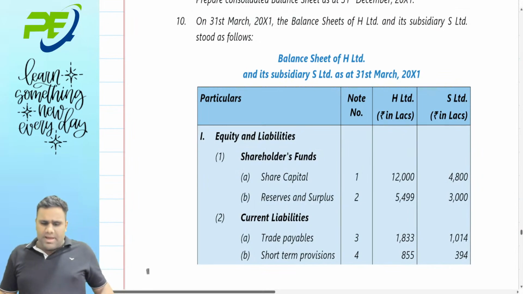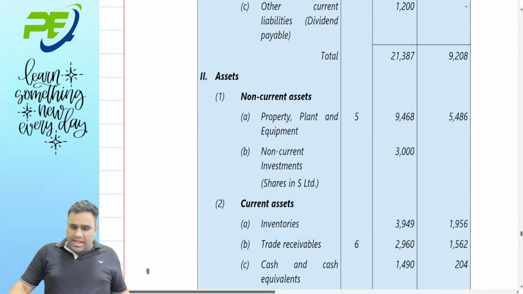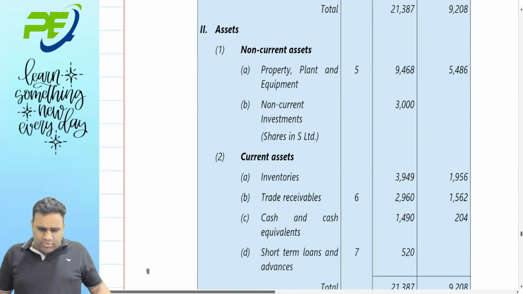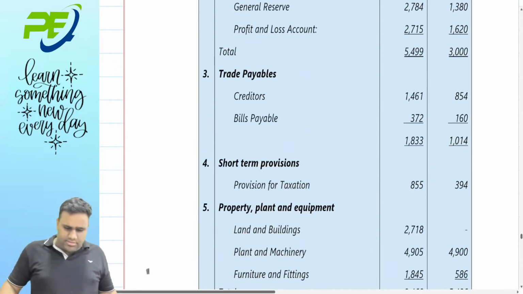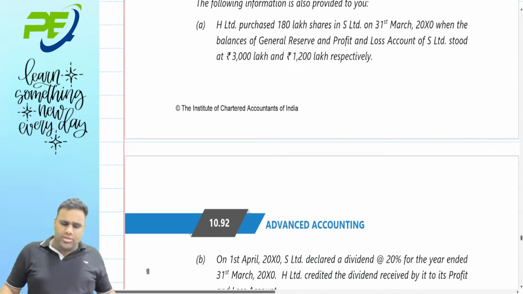On 31st March, the balance sheet of H Limited and its subsidiary stood as follows. Share capital, reserve, trade payable, short-term provisions, other current liability, dividend payable, non-current assets, current assets, all are usual items only. And notes. The following information is also available.